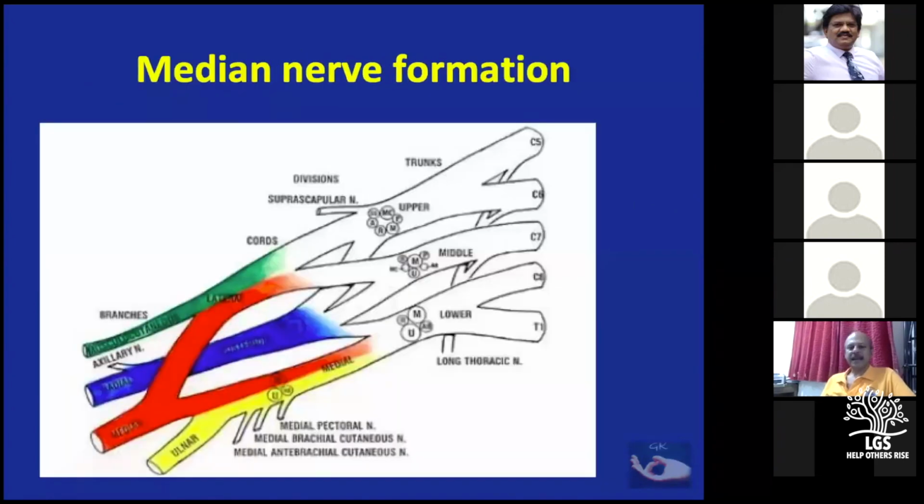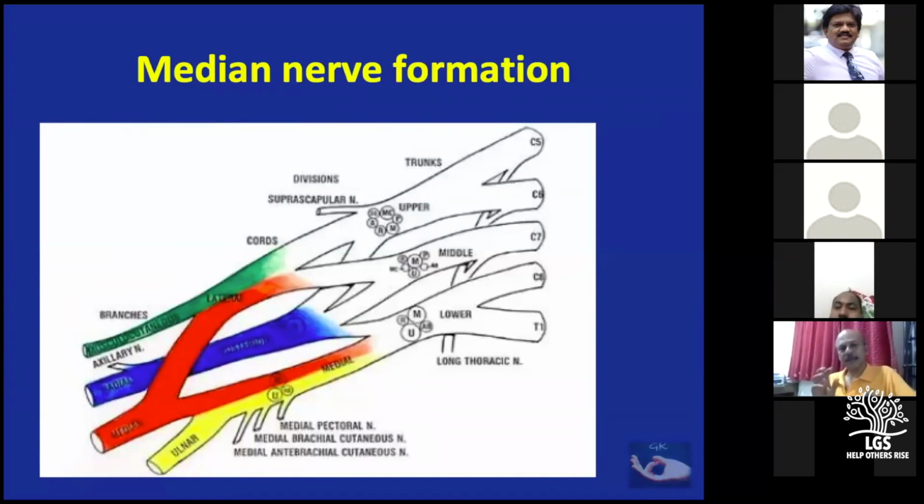Now, the anatomy. We need to remember that the median nerve is formed by the medial and the lateral roots, the lateral root from the lateral cord of the brachial plexus and the medial root from the medial cord. One thing we need to remember, the lateral root has a root value of C5, 6, 7, and the medial root has a root value of C8, T1.